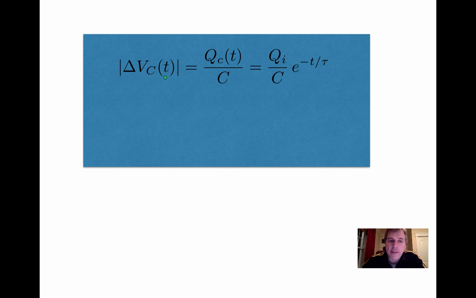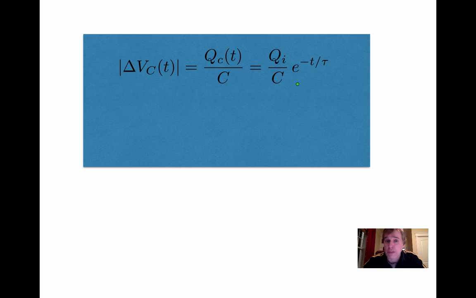The absolute value of the voltage across the capacitor is the charge on the positive plate at that time divided by the capacitance. Now, QC of t we know is Qi times the exponential. So I plug that in and I get this. This equation gives us the absolute value of the voltage across the capacitor at any time. Again, it's a decreasing exponential. It goes down with time, tending towards 0 as t goes to infinity.